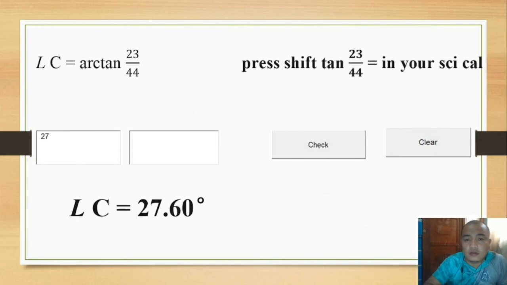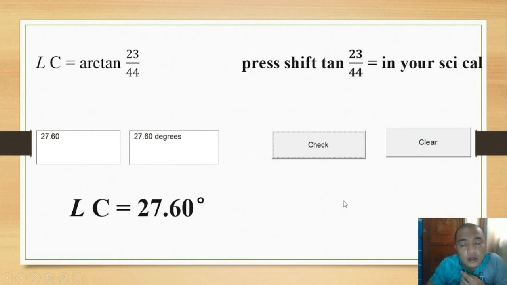Sorry for that. 27.60 degrees. Let's check. 27.60 degrees is the measure of angle C.